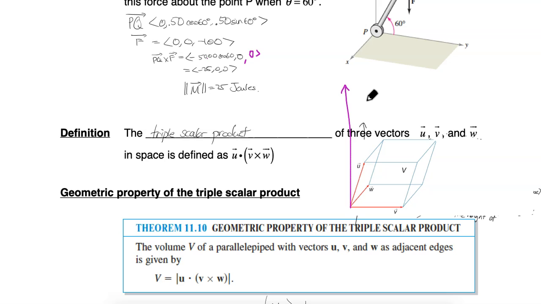We know the magnitude of V cross W is actually the area of the parallelogram, so it's the area of the base.